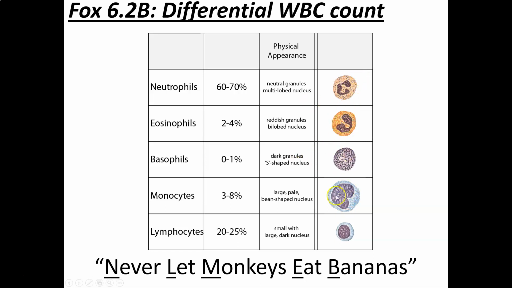So you just make a slide and let it dry after staining and go and count cells. It's sometimes difficult because the blood smear that you have to make is difficult to do. But that's all we have to know for the differential white cell count.